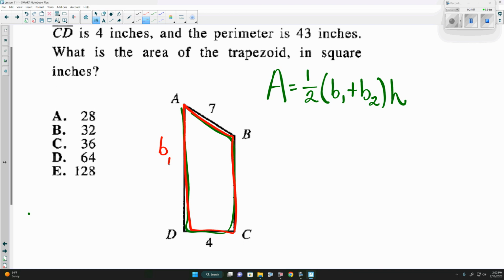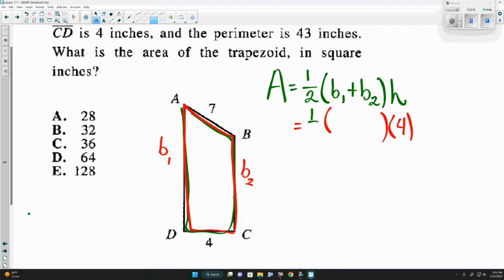AD and BC are the bases. So it's either AB or DC. Which one do we think it is? Yes, DC would be the height because it is not slanted. So we would have the 4 there.